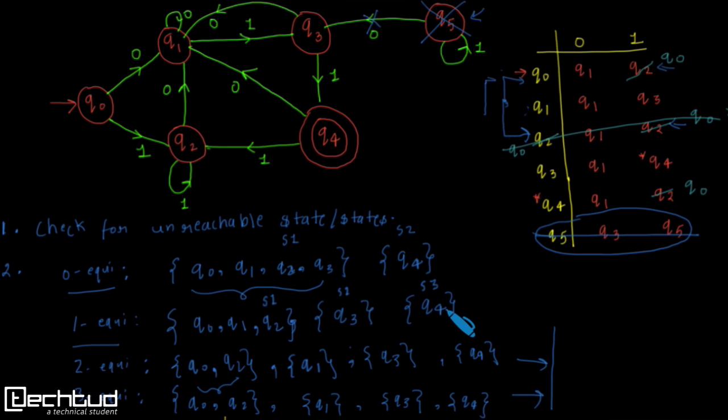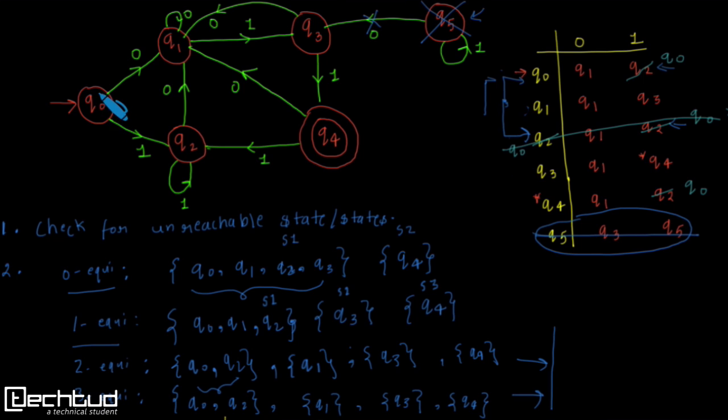Now check for 2 equivalent states. Two equivalent states means you can reach the final state by applying an input of length 2. Now check in the DFA. You can see that Q0 and Q2 cannot reach the final state by applying an input of length 2.